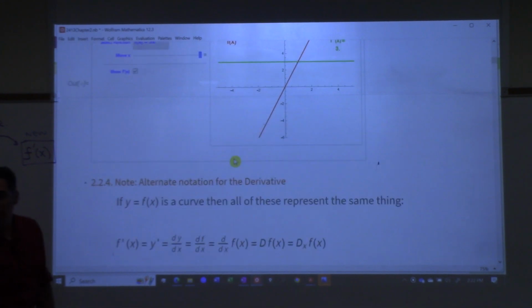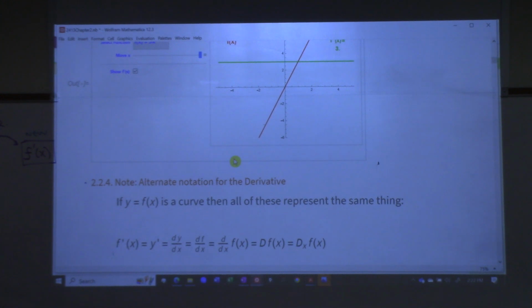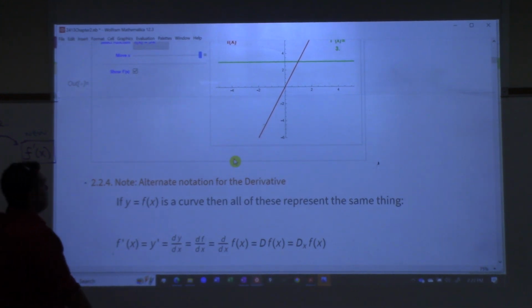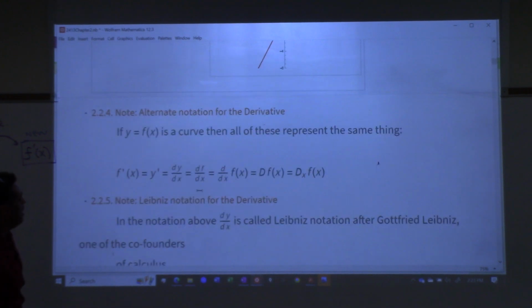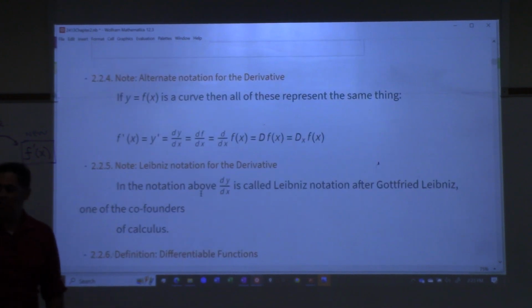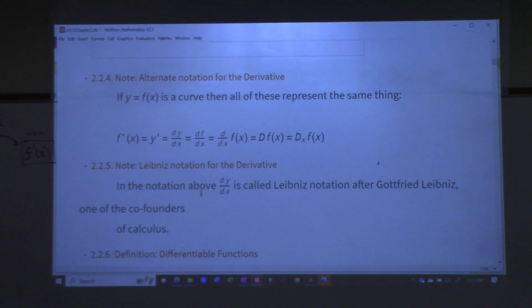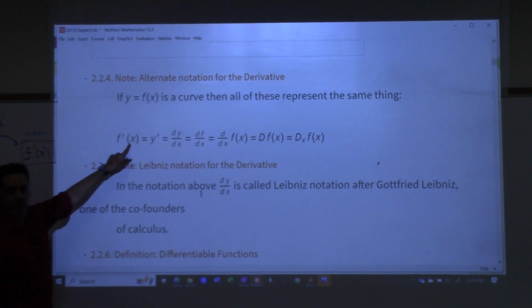Okay, now we're moving on. We're done with pictures. It's time to move on and talk more about this whole idea of starting with a function and getting a new function. It turns out that we have a lot of different notations that mean exactly the same thing. So this f prime of x, we all understand, is the limit that we talked about at the beginning of class.